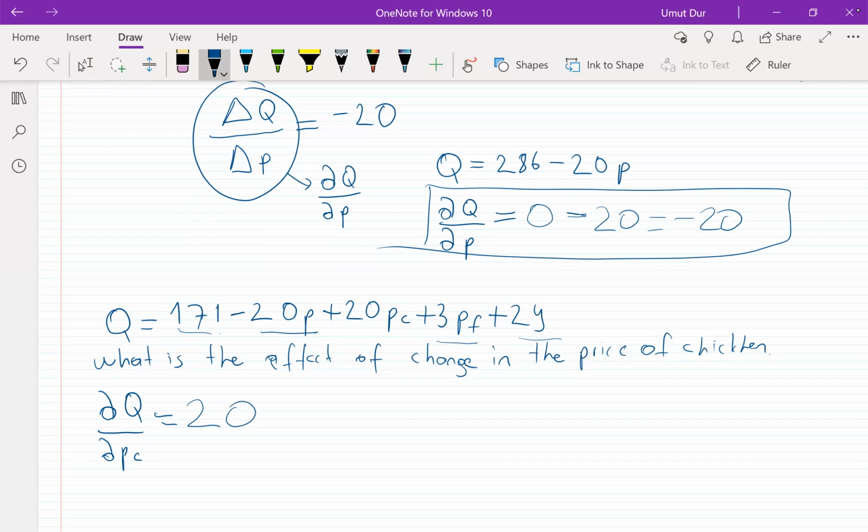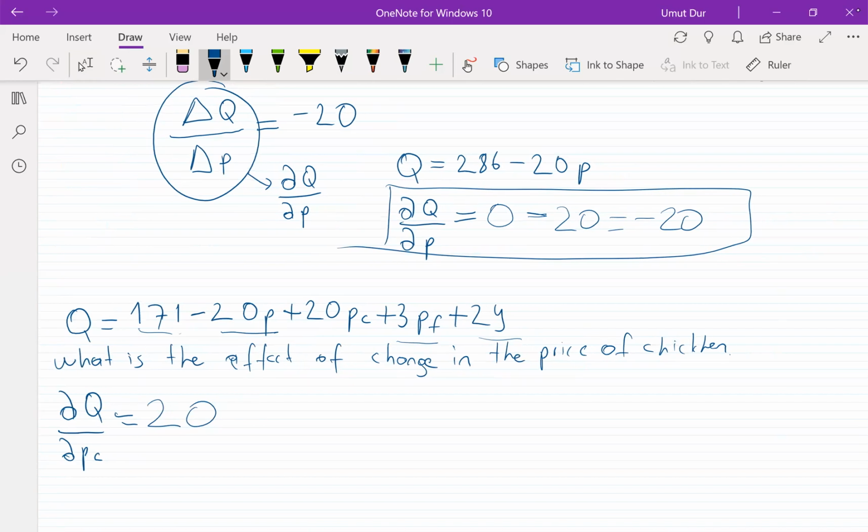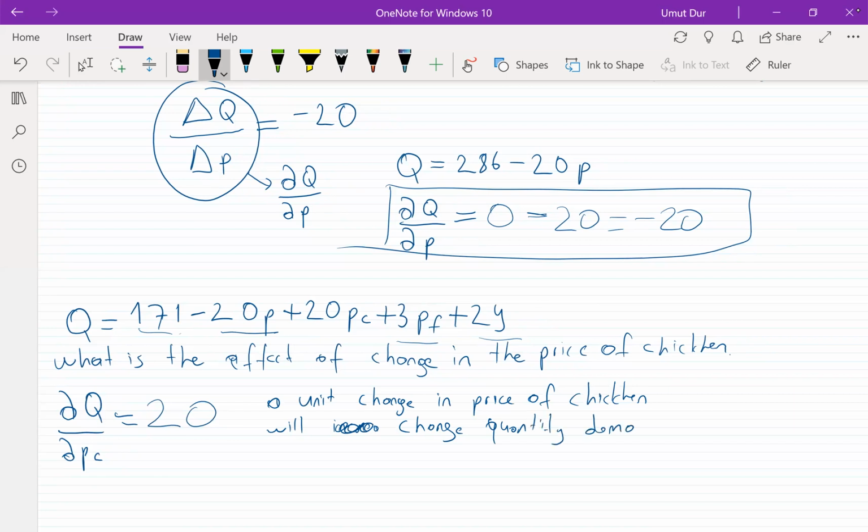Which means that a unit change in the price of chicken will change quantity demanded by 20.